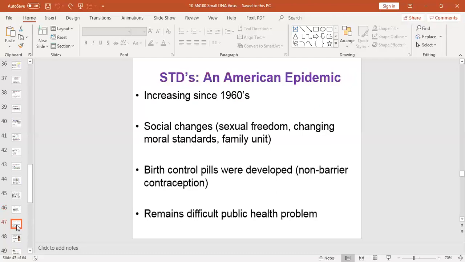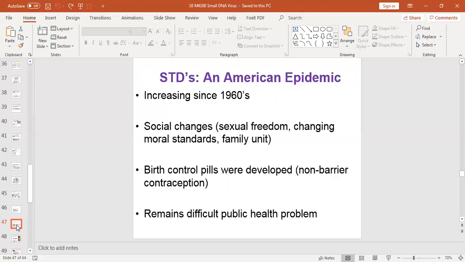And STDs can be considered an American epidemic because the number of cases has been increasing since the 60s. There are social changes. These changes include sexual freedom, and some changes in moral standards and family unit.